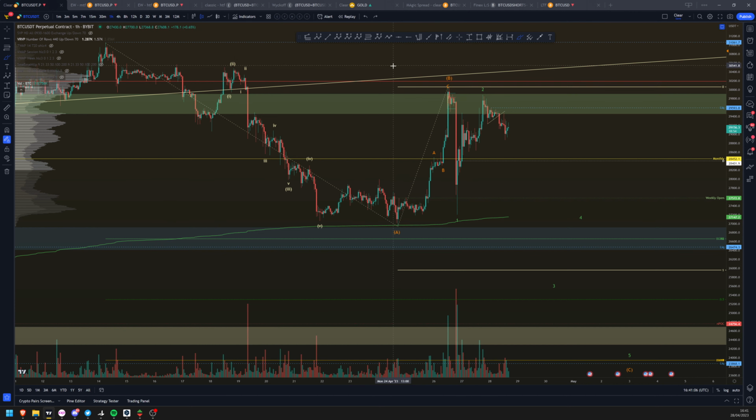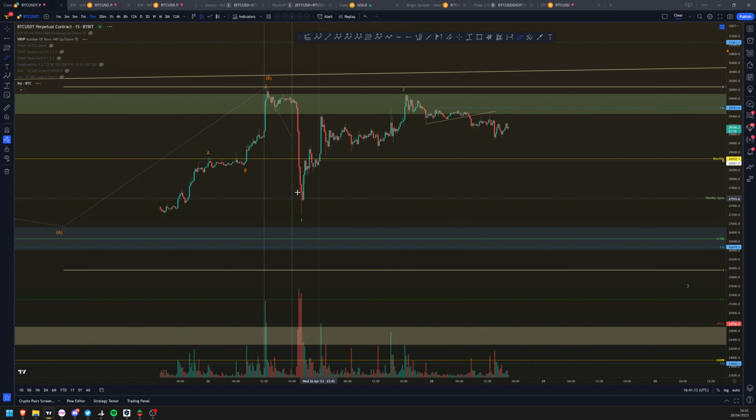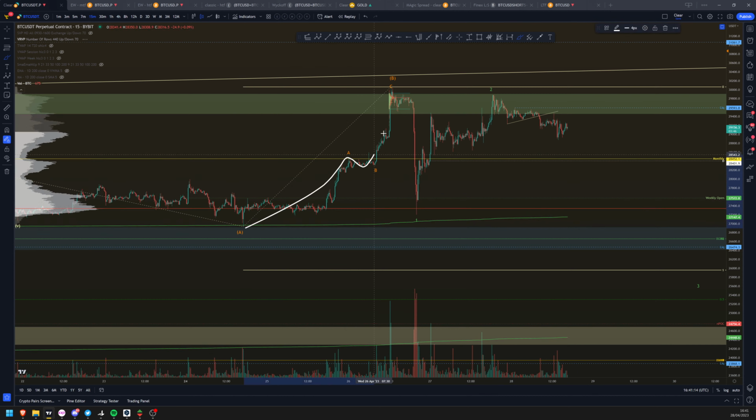Now, coming back on that and inside, well, we can fit an ABC here. I know it was possible. I saw we were at the 1-1 extension.